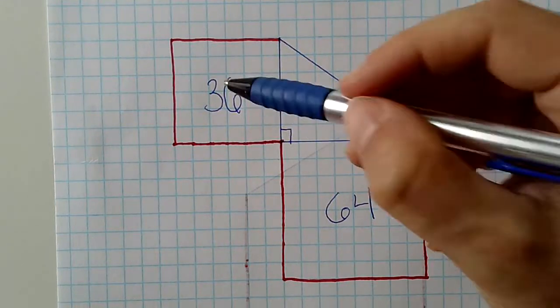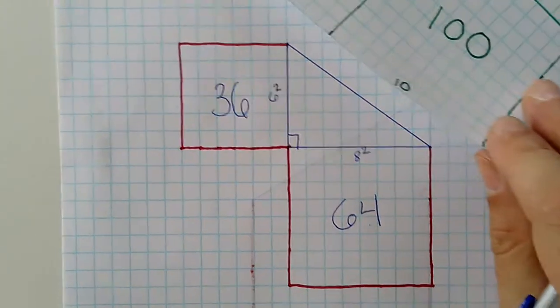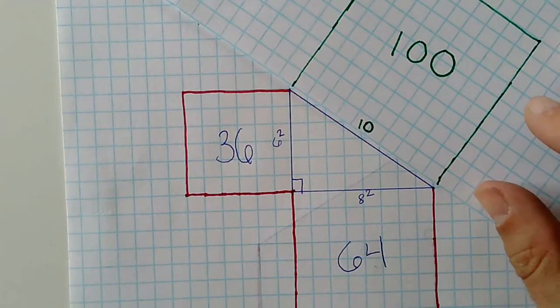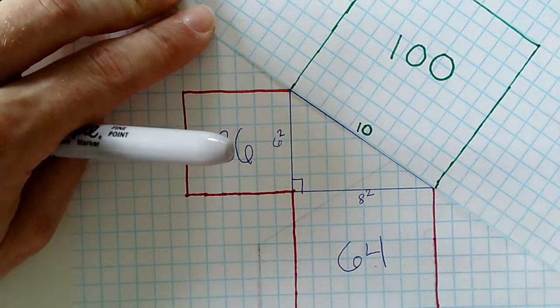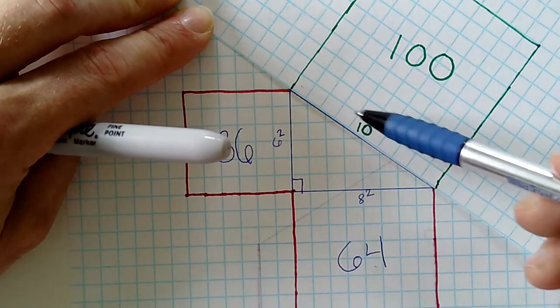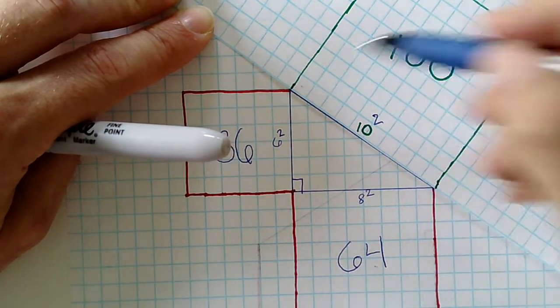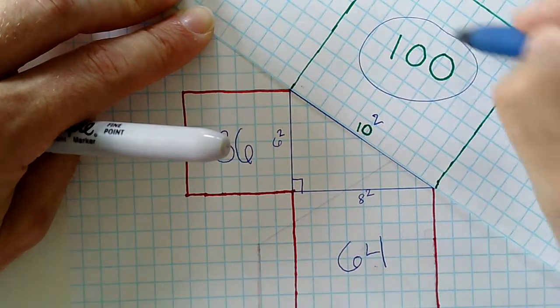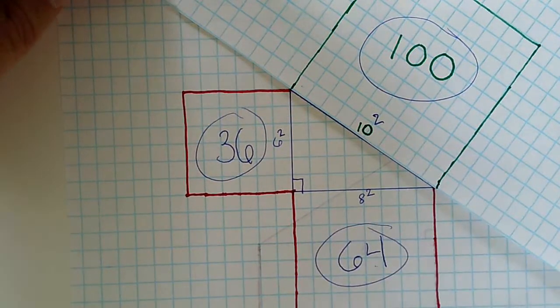Now, 36 plus 64 makes 100. If I look at that side and line up my boxes vertex to vertex, I have a length of 10, which is interesting because 10 squared, 10 times 10, is 100, which is what we said these two values added up to.